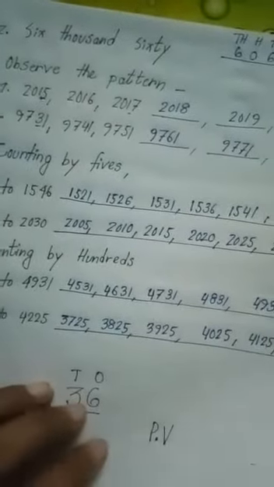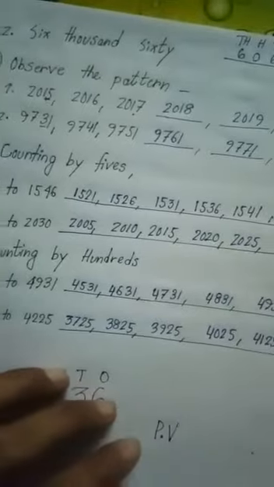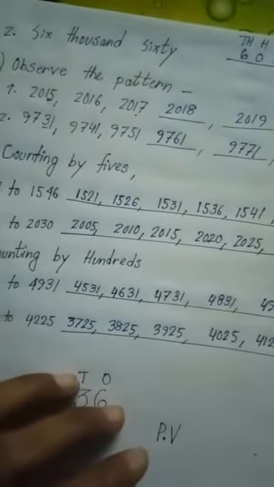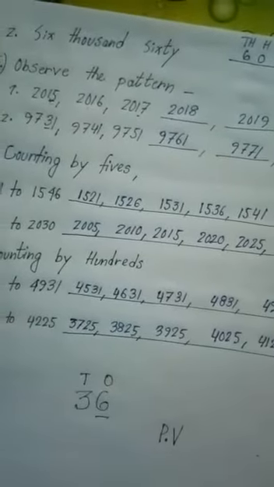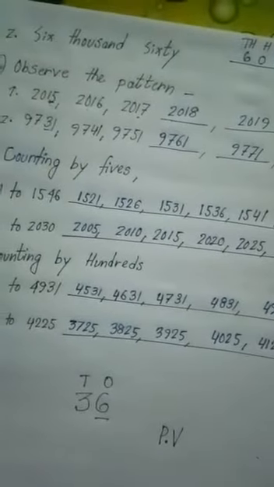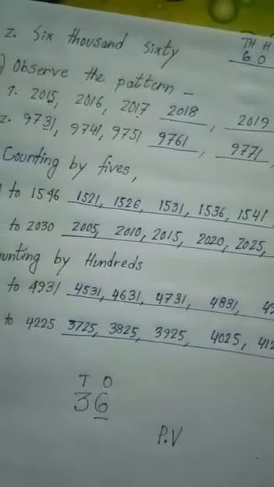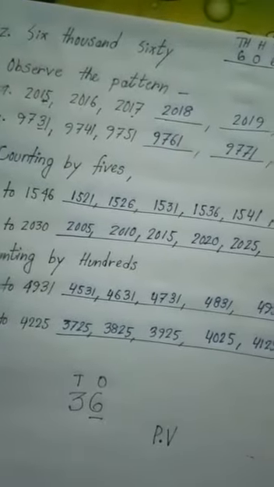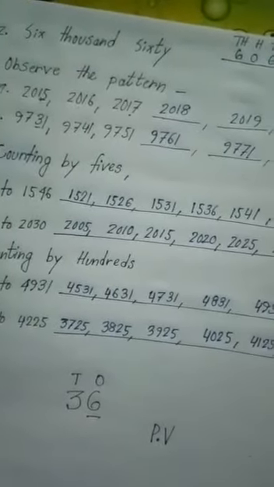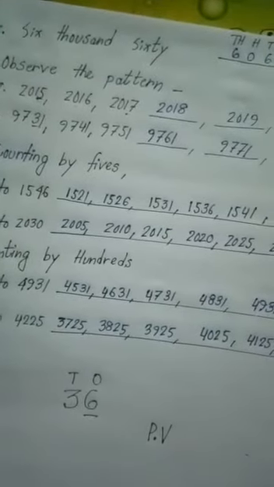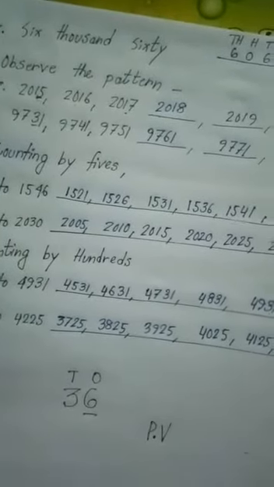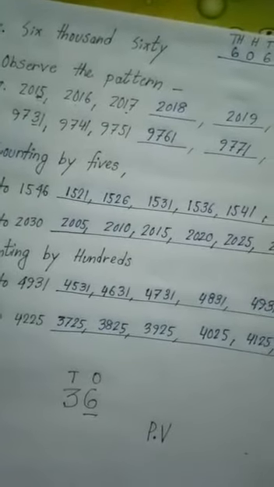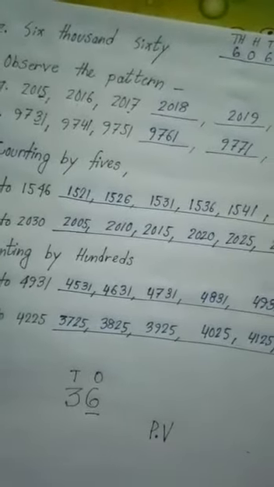So children, your 2 exercises, 1A and 1B, are over. There is no tension about 1A and 1B. Whatever you do, when you go home, you practice properly, write it down with a pencil in your book, and practice the same thing in your copy.